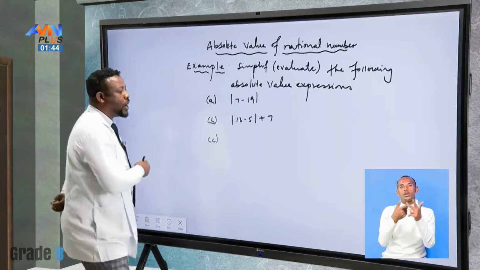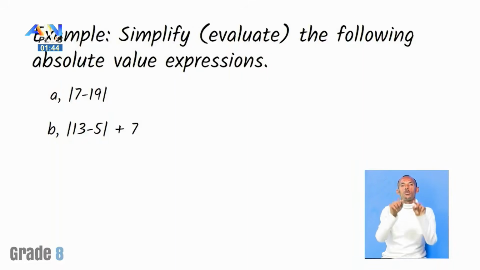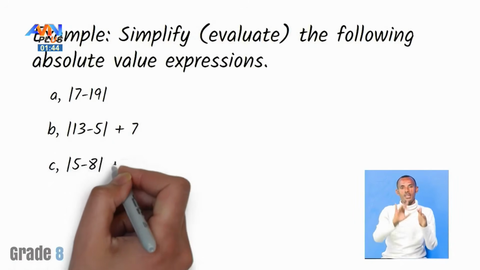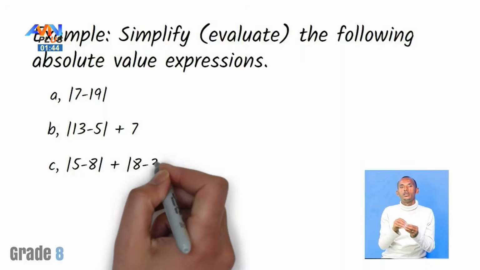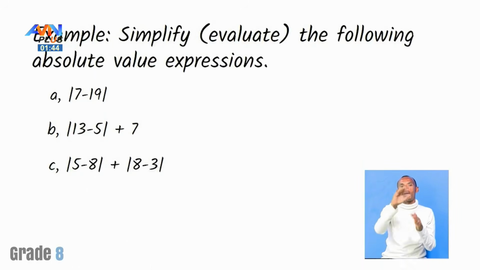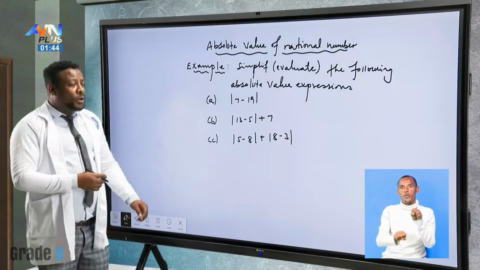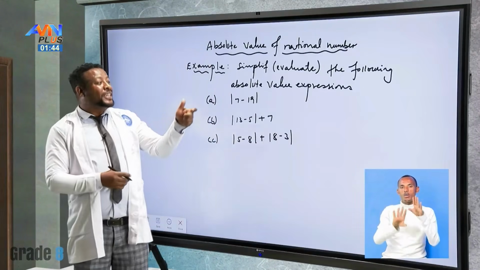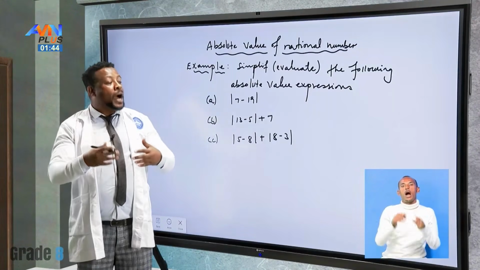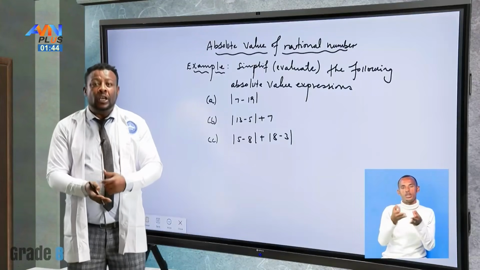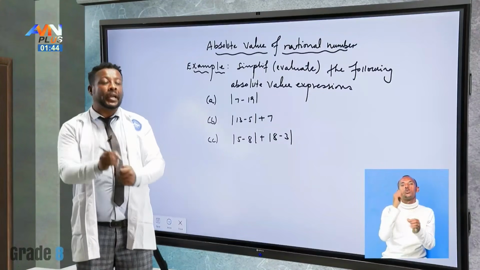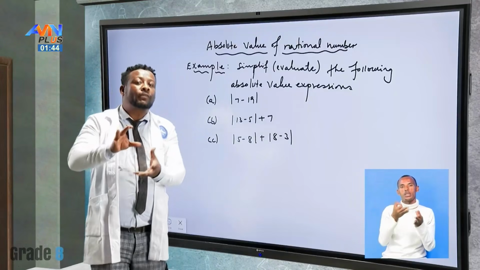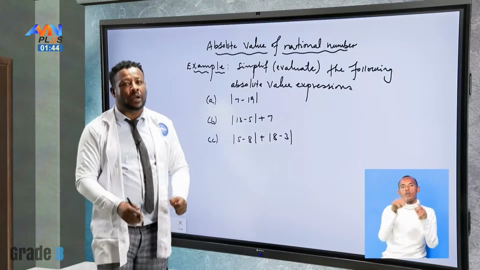And the third one is the absolute value of 5 minus 8 plus the absolute value of 8 minus 3. Okay, so if you are asked to evaluate this kind of absolute value expression, the first thing that you need to do is simplify the expressions found inside the absolute value.